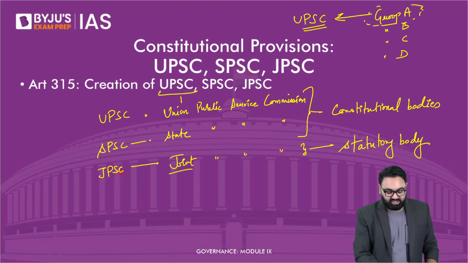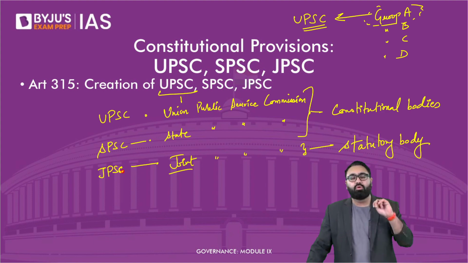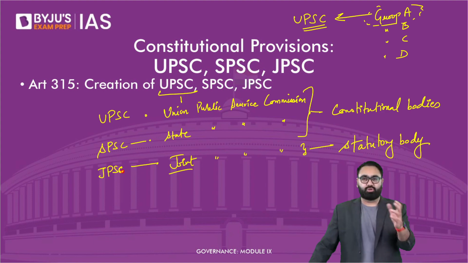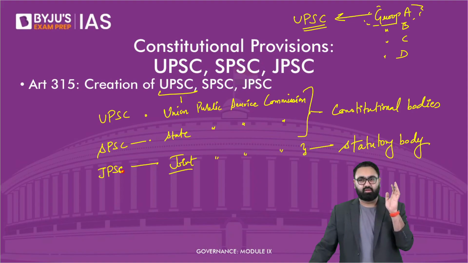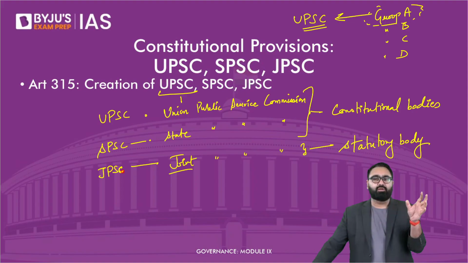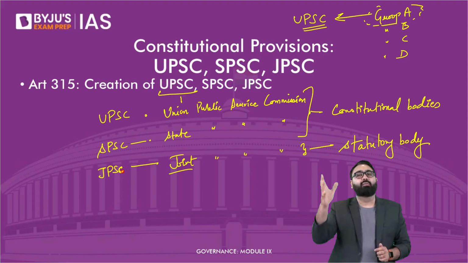What is the logic behind it? Let's try and understand this. The Constitution of India says if two or more states together want a joint public service commission, that they don't want to have a separate commission, they want to have a joint commission, then they can request the parliament for this.